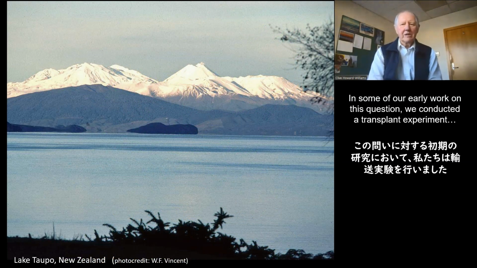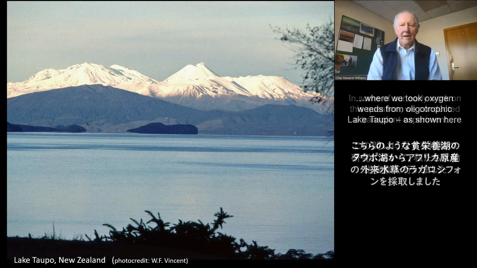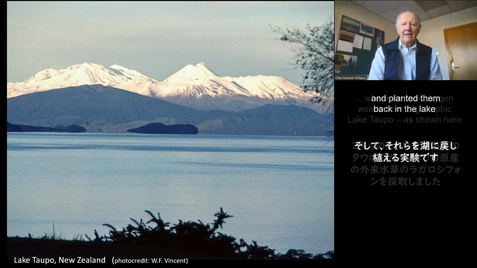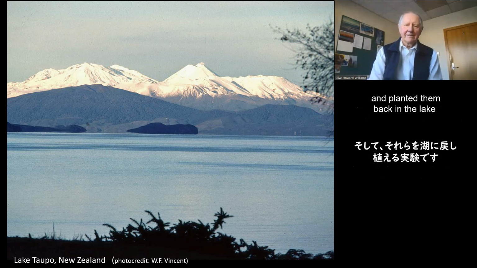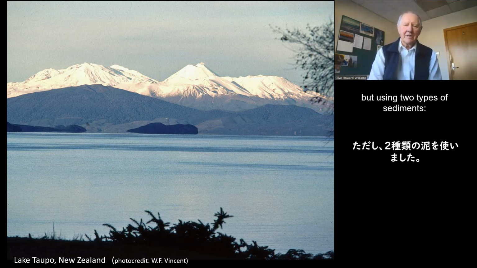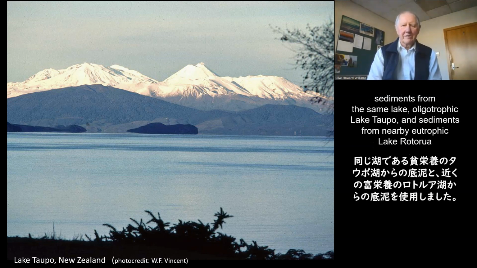In some of our early work on this question, we conducted a transplant experiment where we took oxygen weeds from oligotrophic Lake Taupo, as shown here, and planted them back in the lake, but using two types of sediments. Sediments from the same lake, oligotrophic Lake Taupo, and sediments from nearby eutrophic Lake Rotorua.